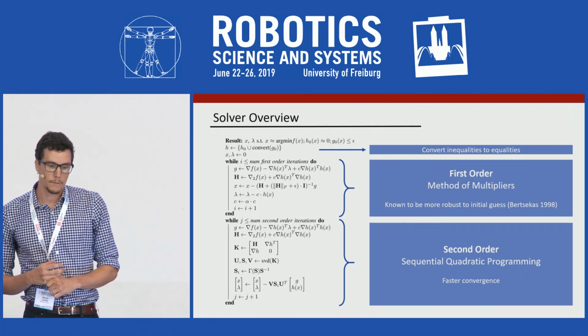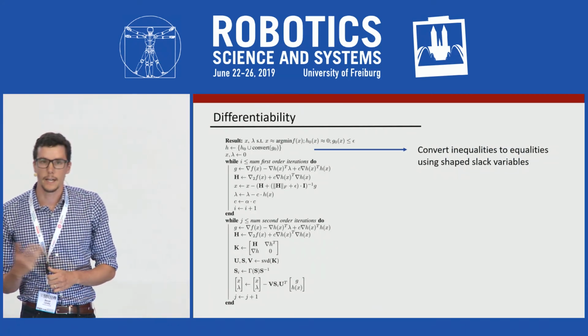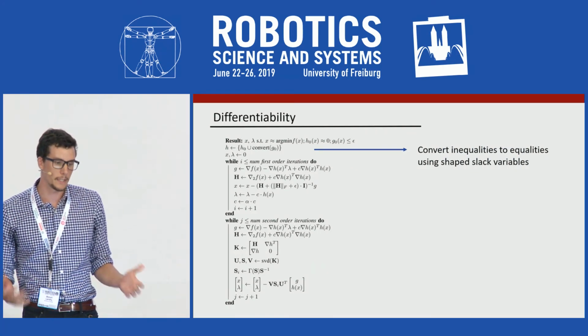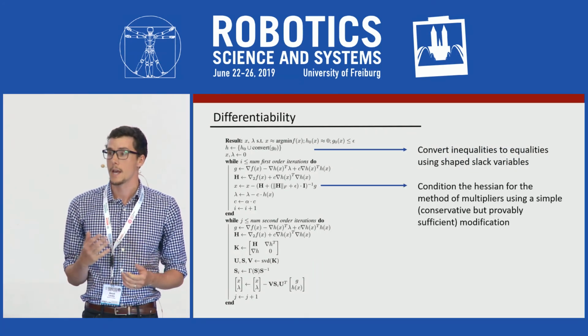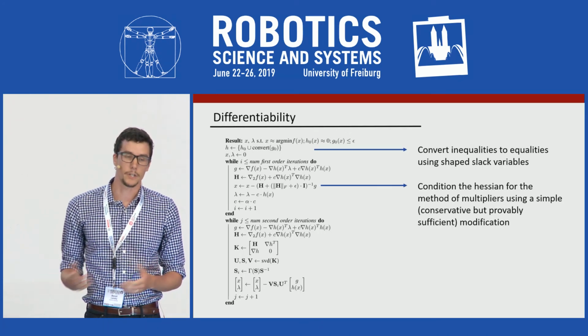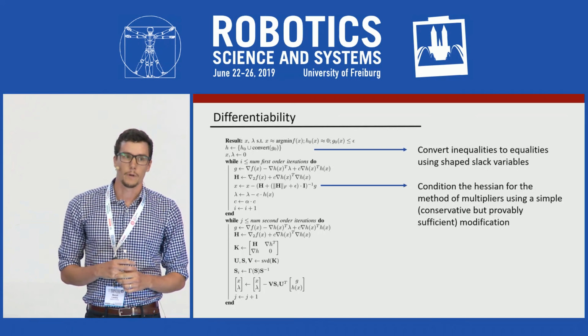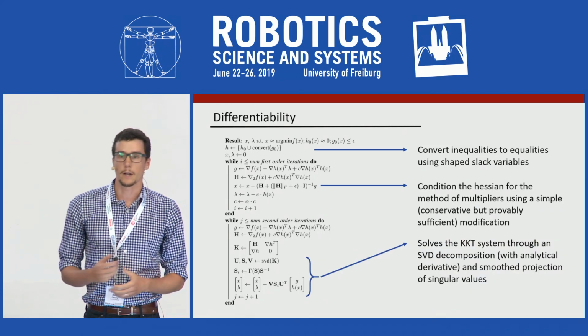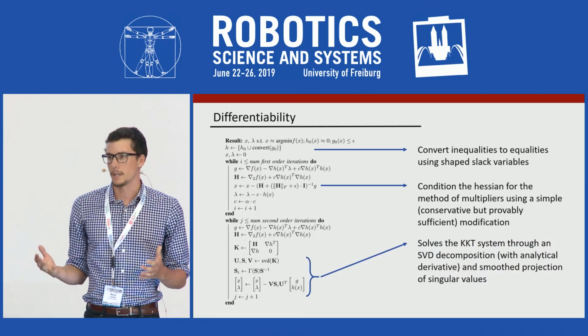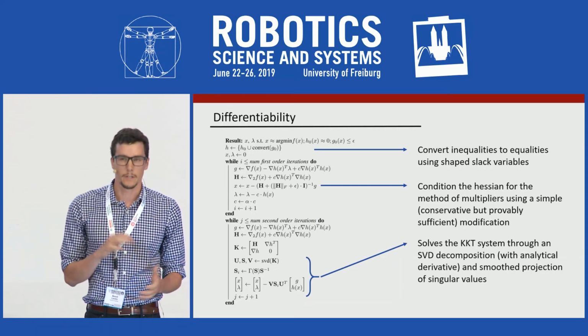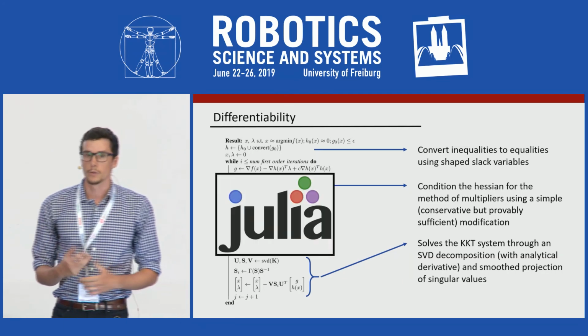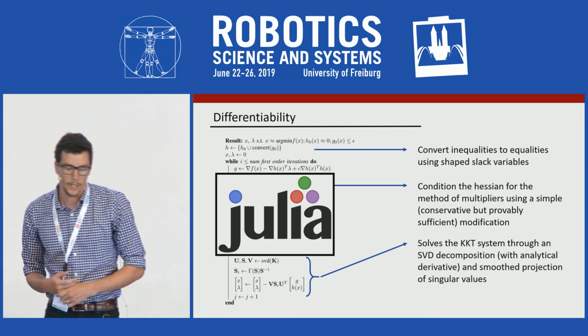Building on that, one of the main design principles for the algorithm is that it has to remain differentiable using automatic differentiation. This is done through a lot of different decisions, for example, avoiding branching at all costs, solving the KKT system in the SQP method in a specific way, or even choosing the right tools to implement the whole thing, in this case, Julia.